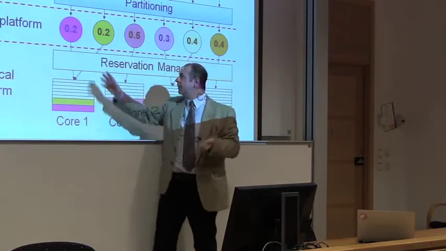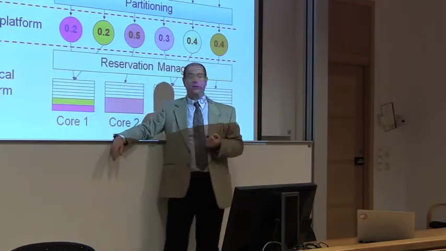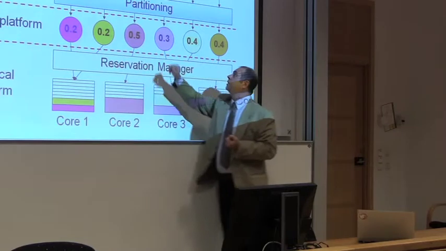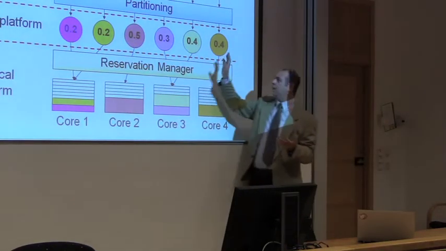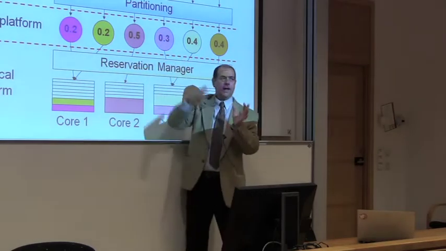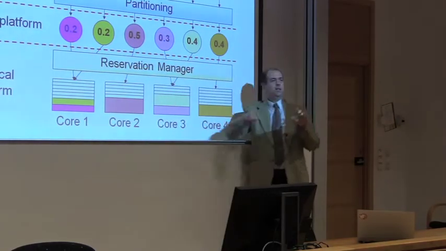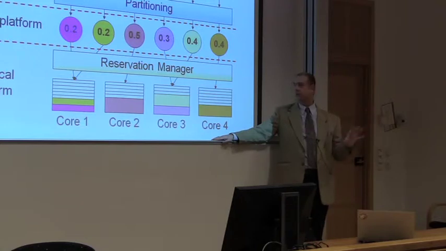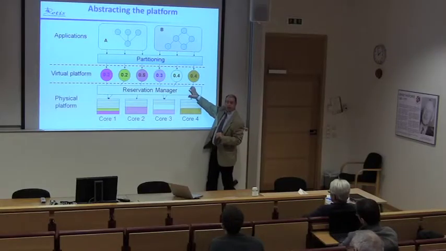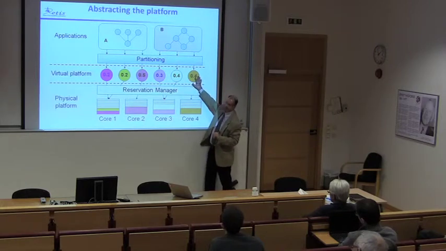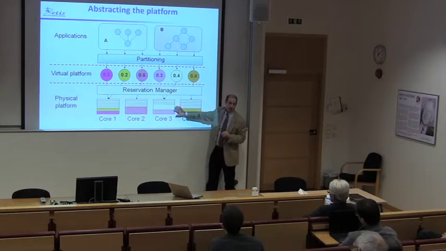So I need, for example, 20% of the processor for this application. For this one, I need maybe 50% of the processor. And then basically, I try to allocate each application into a virtual platform, into a reservation. And then in the next step, I try to allocate virtual reservations into physical cores.